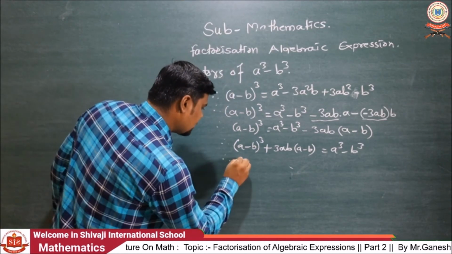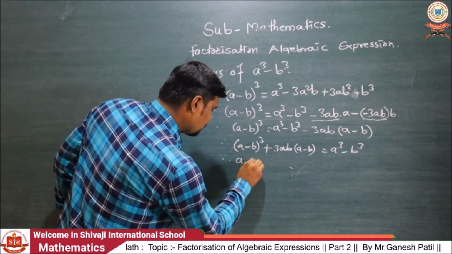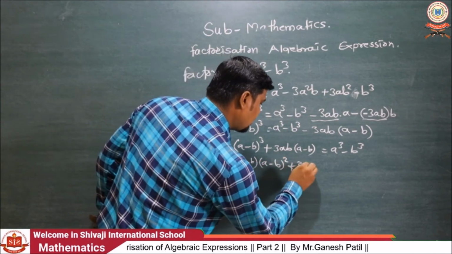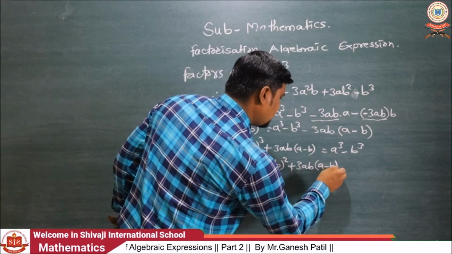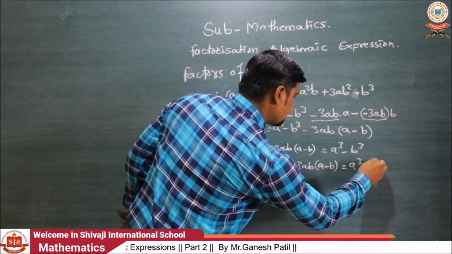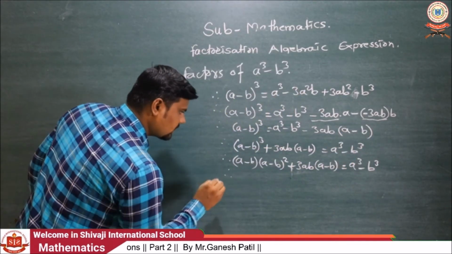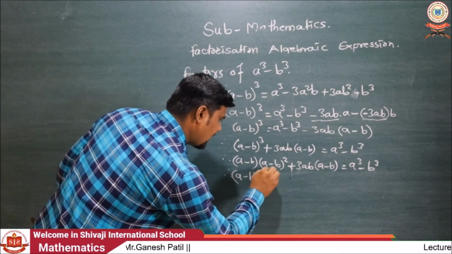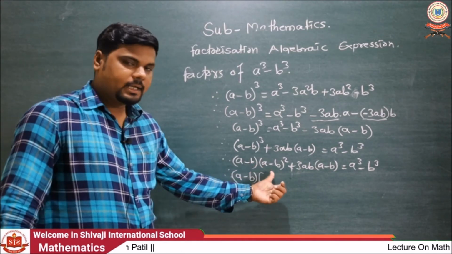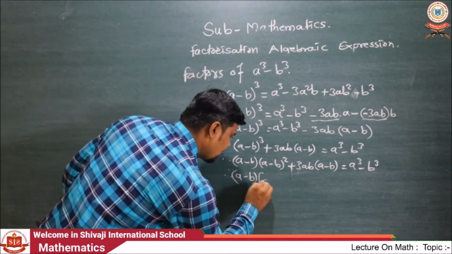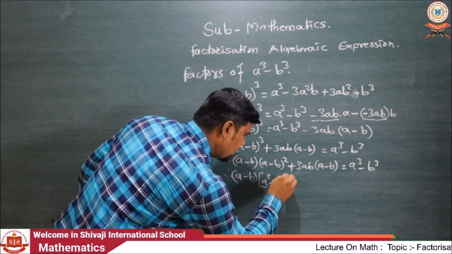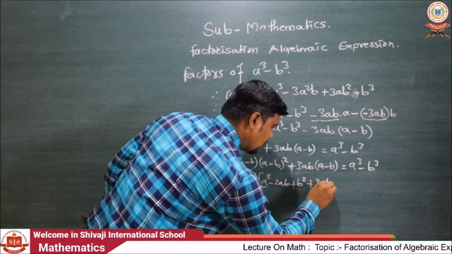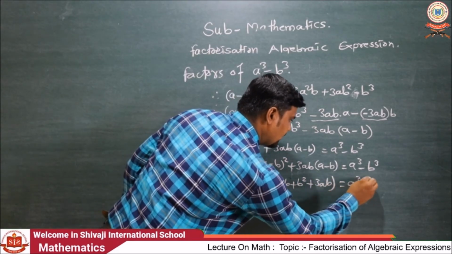And then (a − b)² + 3ab(a − b) = a³ − b³. Then take (a − b) common, and in the description, write directly the description of (a − b)², meaning a² − 2ab + b², plus 3ab, is a³ − b³.